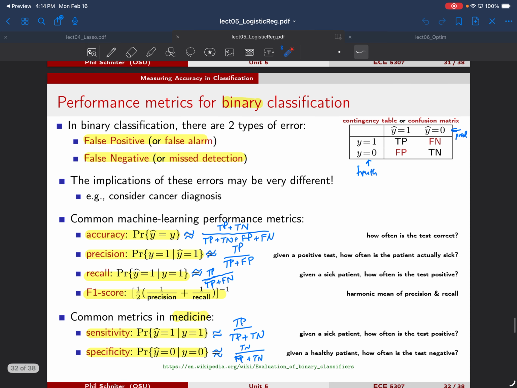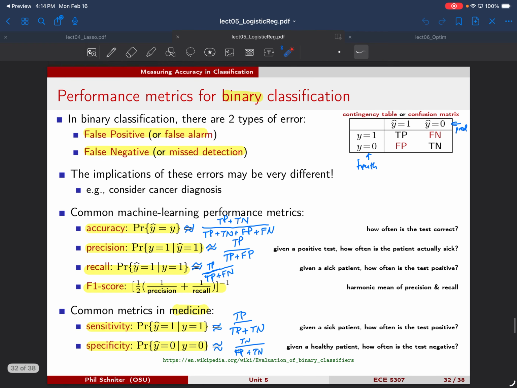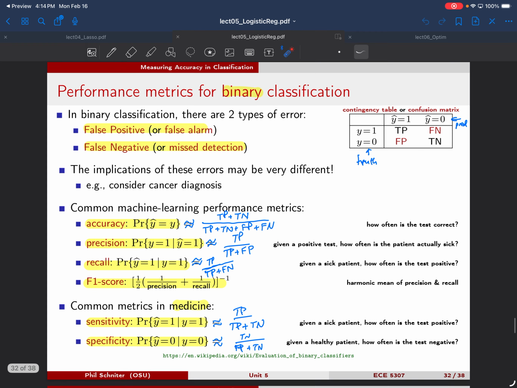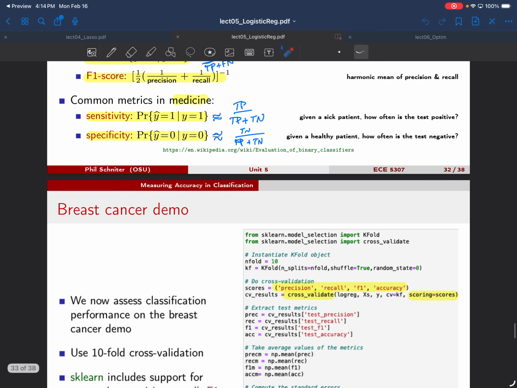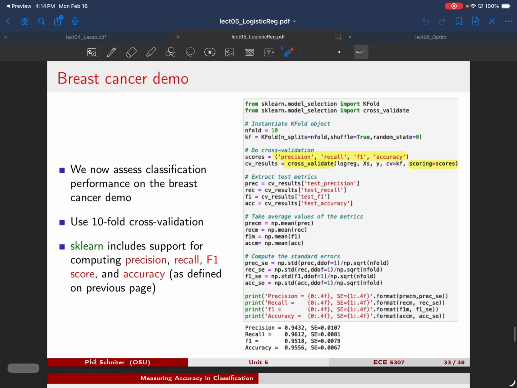And this confusion matrix is something that's often presented to visualize the performance, like in a demo or a Jupyter notebook. Okay, and then we saw that in sklearn, it's very easy to compute these different metrics because you can just choose the scores. Instead of mean squared error or negative mean squared error, you could choose any of these when you're doing classification.